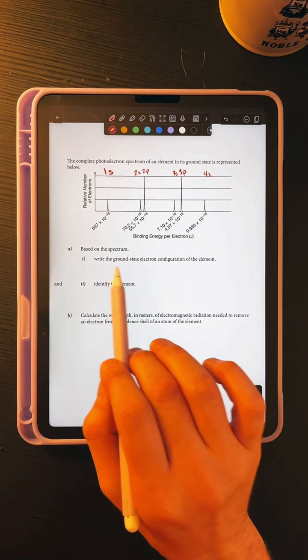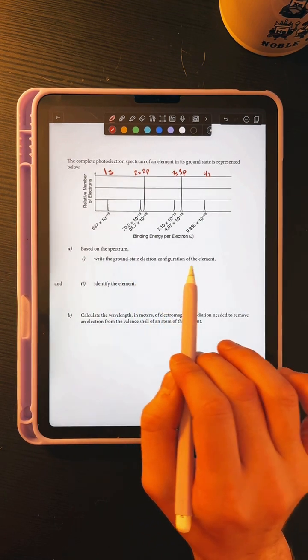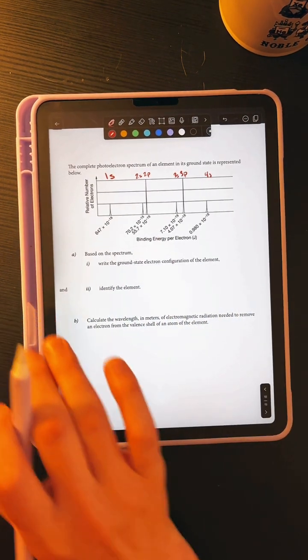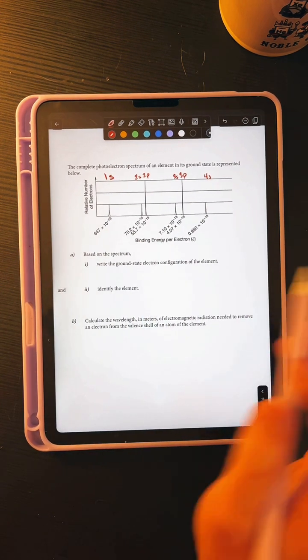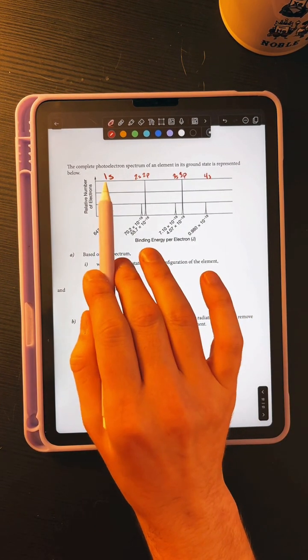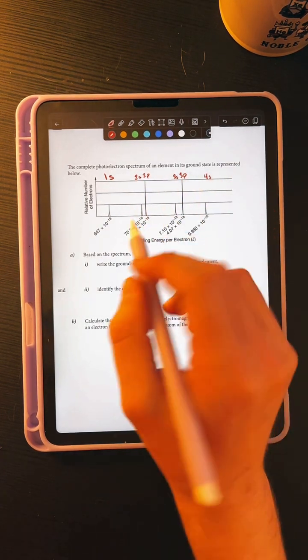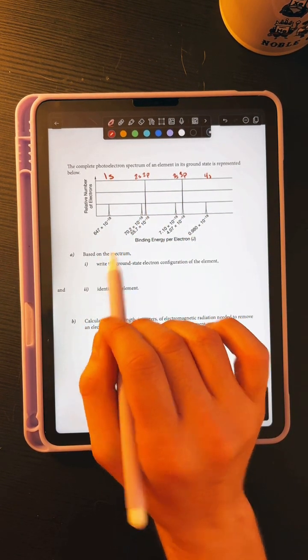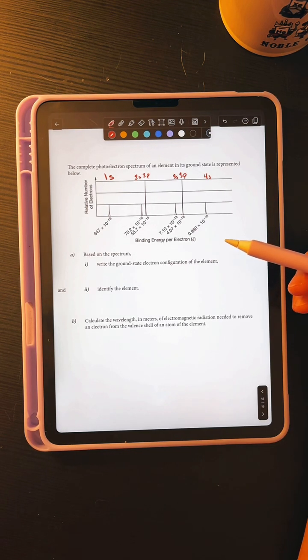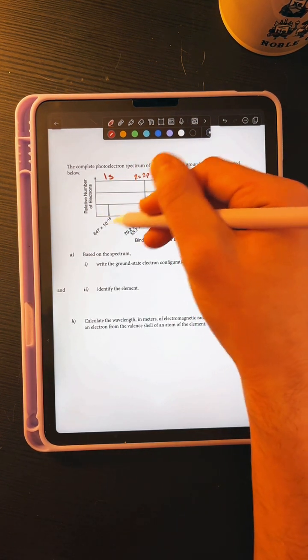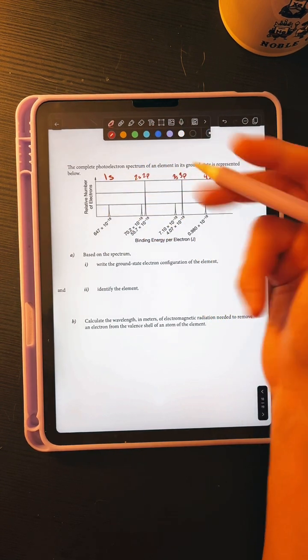Based on the spectrum, write the ground state electron configuration of the element. So we're looking for an electron configuration of the element. We just talked about how each one of these is 1s, 2s, 2p. So the last thing we have to figure out is how we are going to figure out the number of electrons in that orbital.